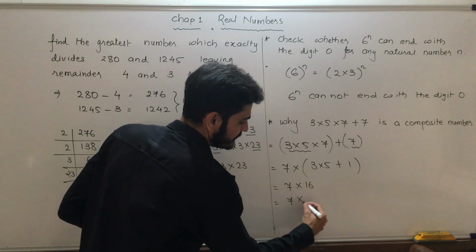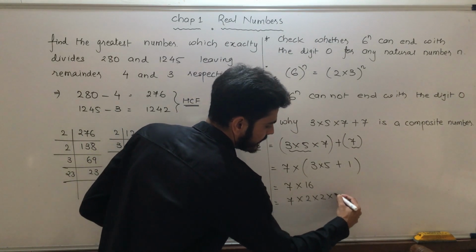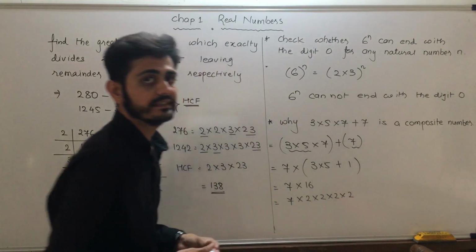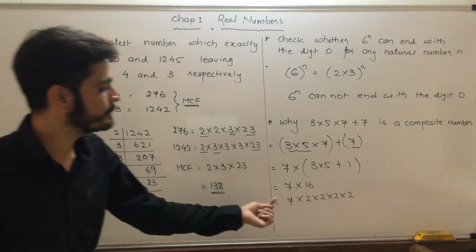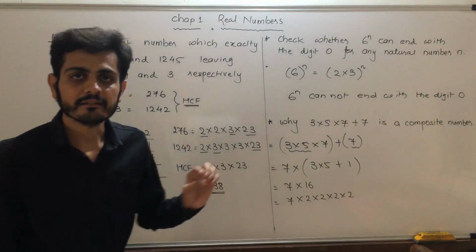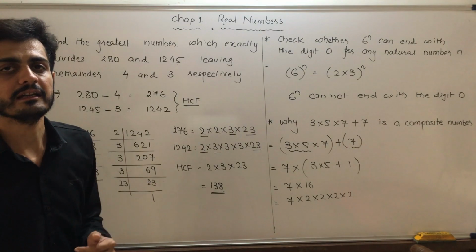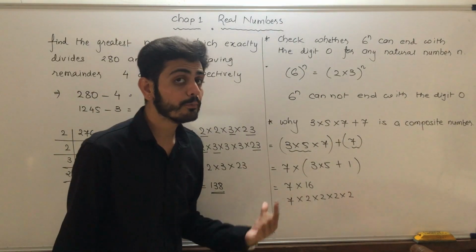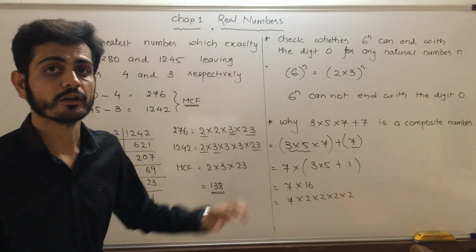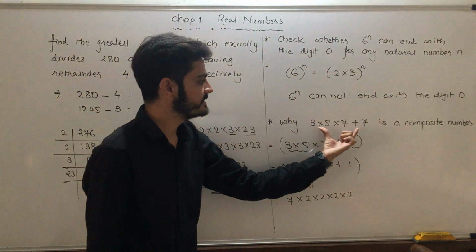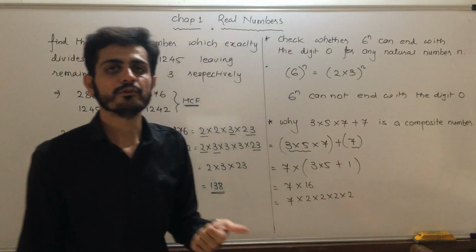Now 16 can be written as 2 into 2 into 2 into 2. This is the representation as a product of primes, and using the fundamental theorem of arithmetic, which tells us that any composite number can be expressed as a product of primes, that's why this given number is a composite number.